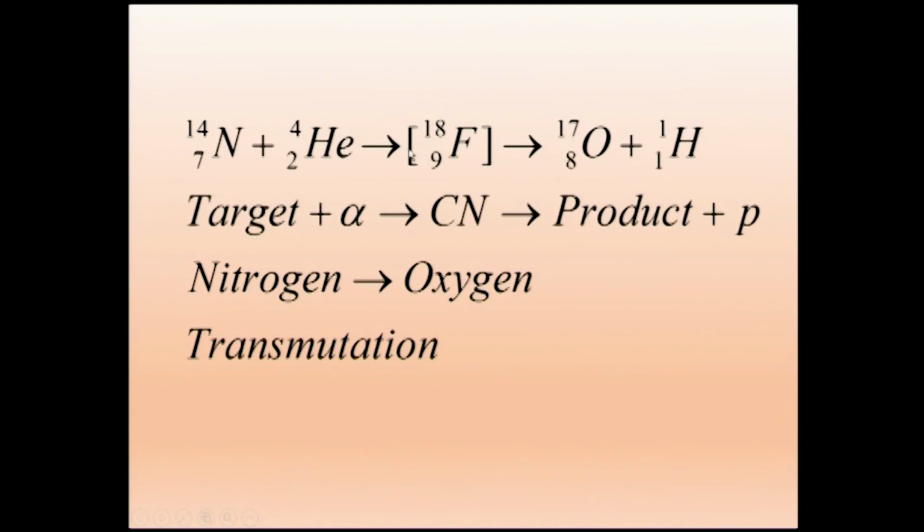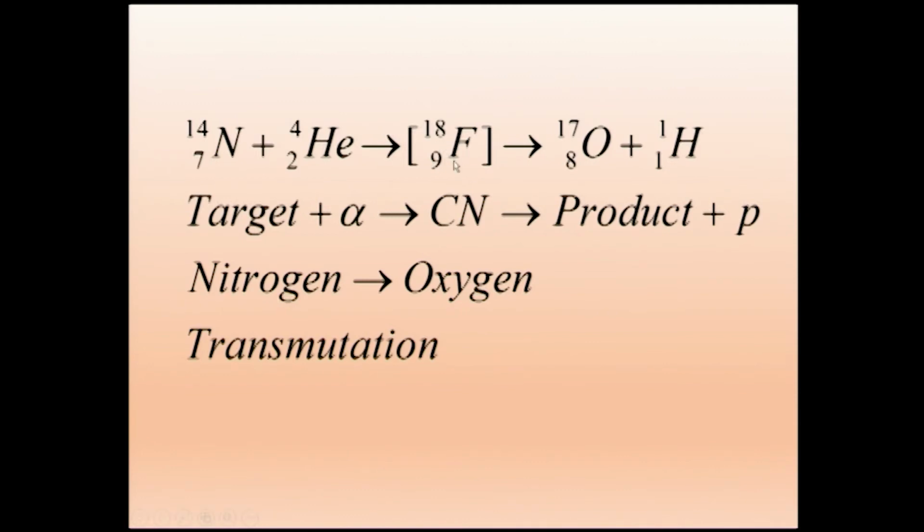In all nuclear texts you will see this put in a square bracket, which conventionally indicates a compound nucleus. This plus this has become this. So, it is called a compound nucleus.